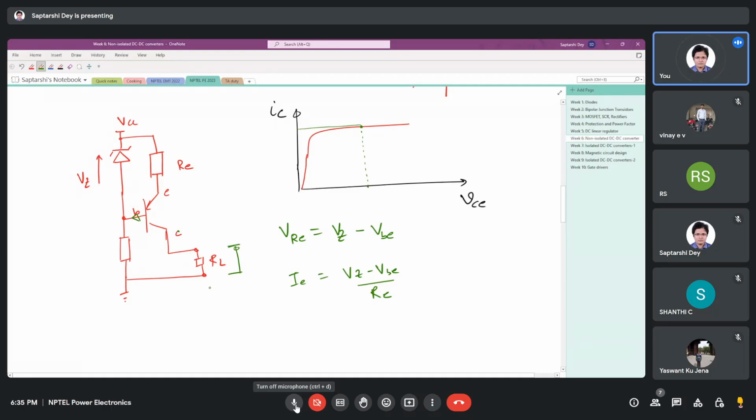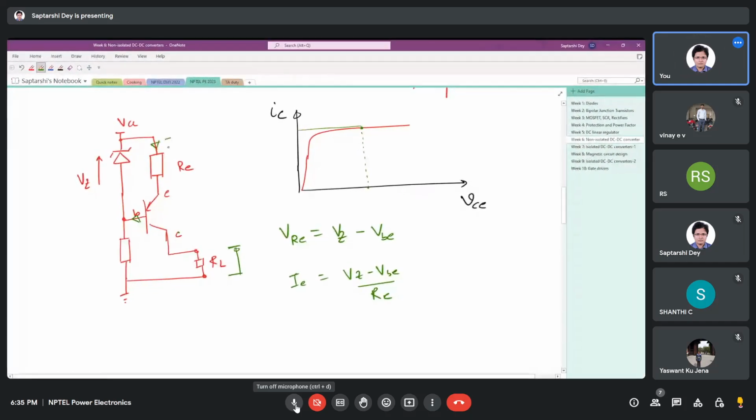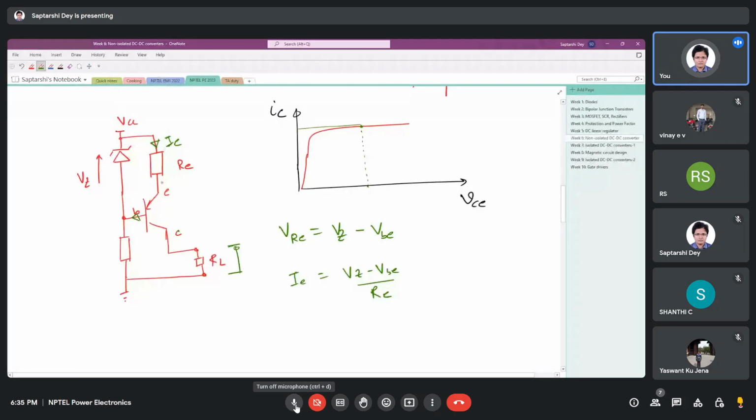Now if you are increasing this, that means now you need lesser current. So this IE that was coming from here must be getting diverted somewhere. Yes, sir, IB and IC.